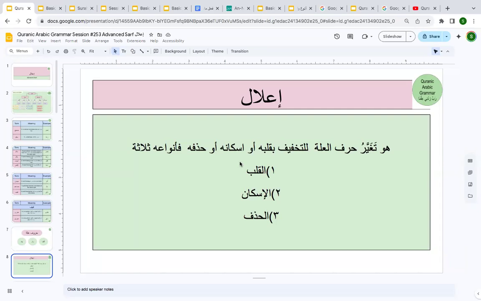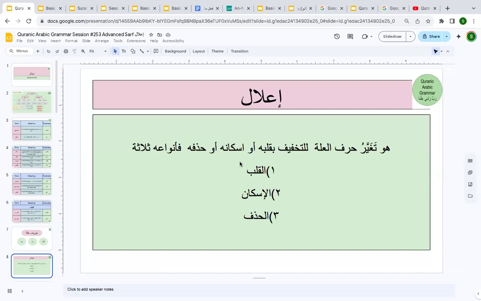Ibdal means to change, right? Ibdal is from badal, and when there is a badal, there is something that changes into something else.